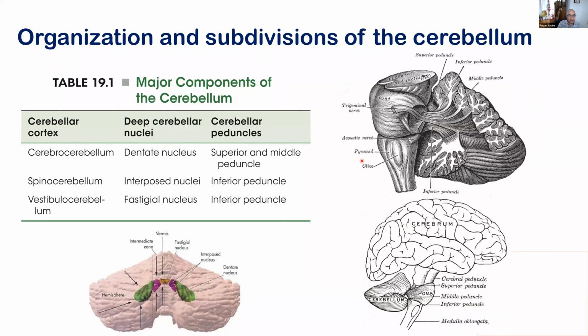Now, one of the interesting things about the cerebellum is that each side of the cerebellum, each hemisphere, communicates with one side of the body, just like the cerebrum does. But in contrast to the cerebrum, this communication with the body is ipsilateral, not contralateral.